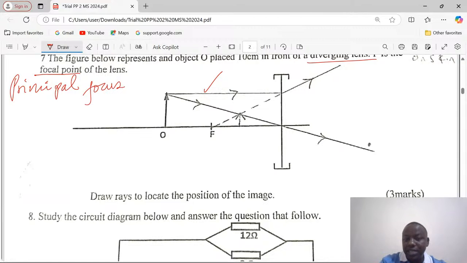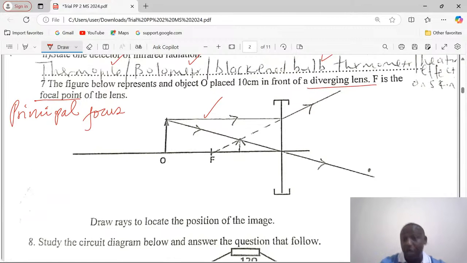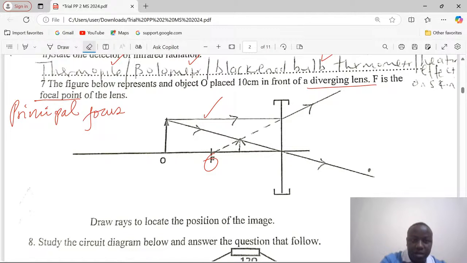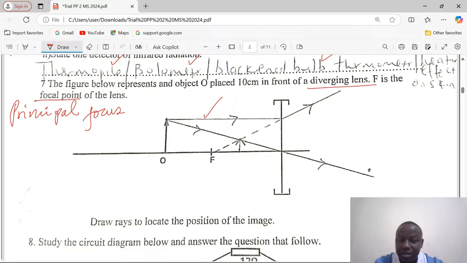This ray is diverged according to the nature of the lens provided in this particular question. The ray is supposed to diverge, but in a way that it is originating from F. So it diverges as though it's coming from F, as you can see.